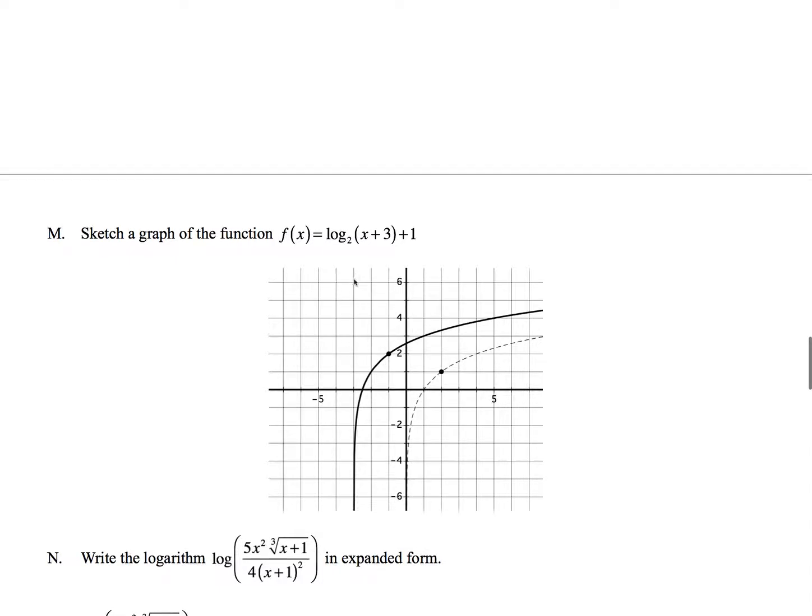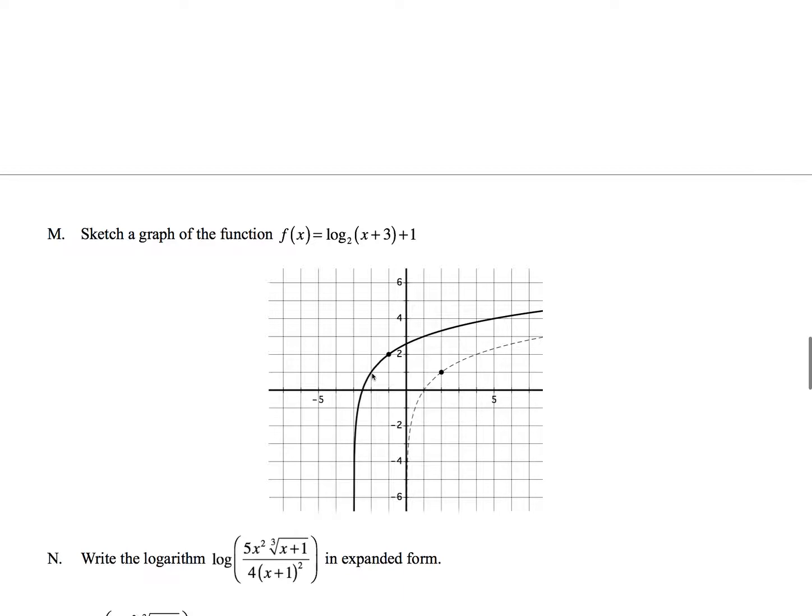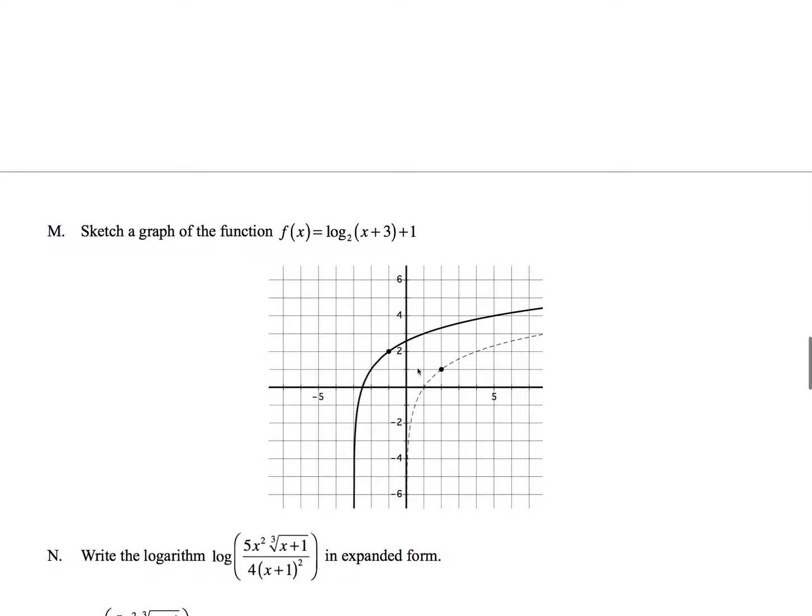So we would draw this asymptote, the vertical asymptote here, and draw a line 1 unit to the right and see that the function intersects right here, and that's 3 units to the left and 1 unit up from where the x-intercept was. But log base 2 has a function value of 1 at 2.